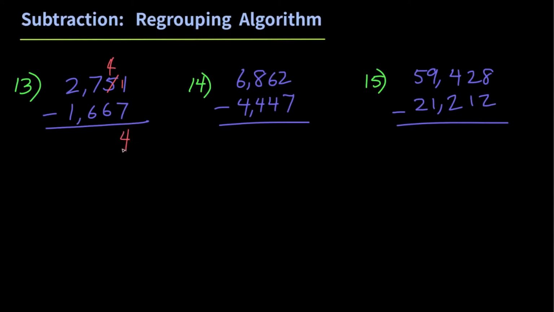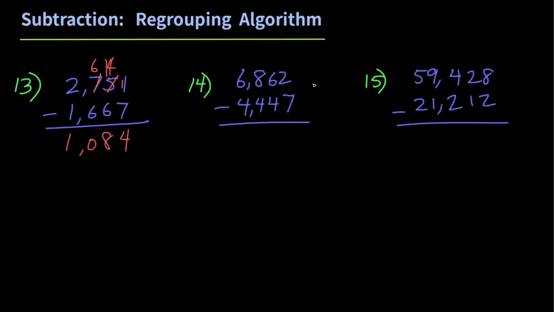That is 4. 4 minus 6. 6 is too big, so we need to borrow. So we borrow 1 from here and add 10 to this place value. So we now have 14 minus 6 is 8. 6 minus 6 is 0. 2 minus 1 is 1. The result is 1,084.